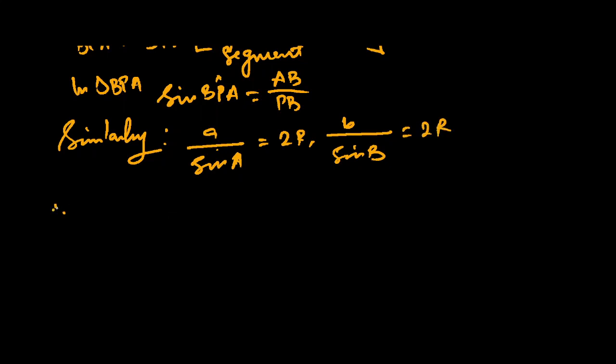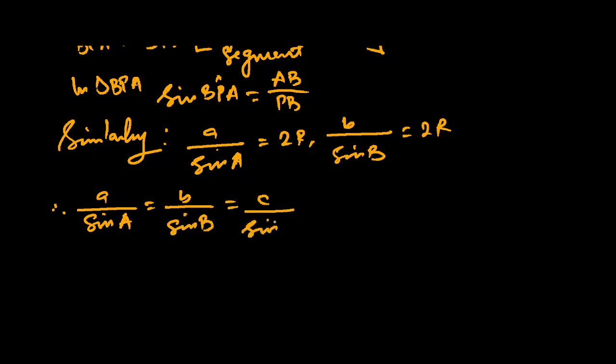If that should be the case, then a all over sine A is equal to b all over sine B is equal to c all over sine C is equal to 2r. So this is the sine rule.